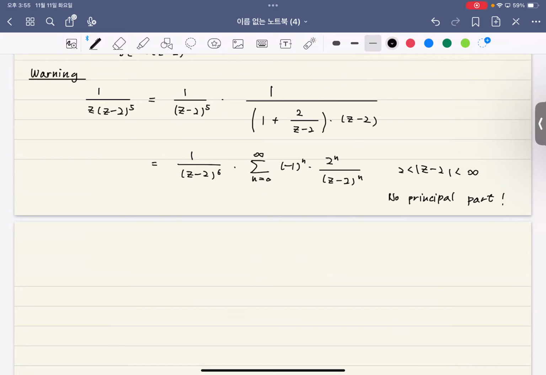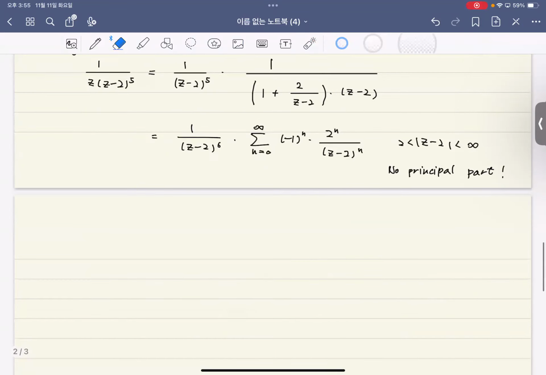The question is, is there any faster way to compute the residue of any given function? It feels like in order to get the residue, first you need to compute the entire Laurent expansion of your function.